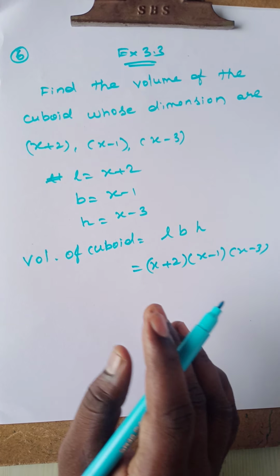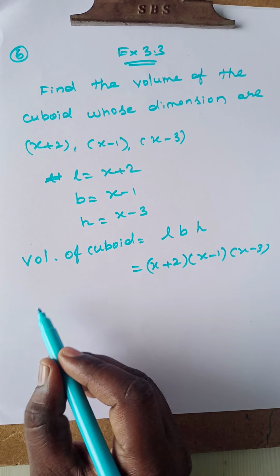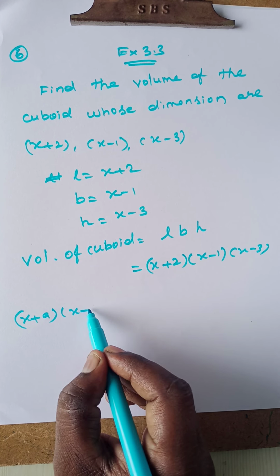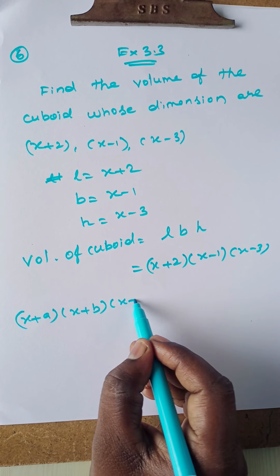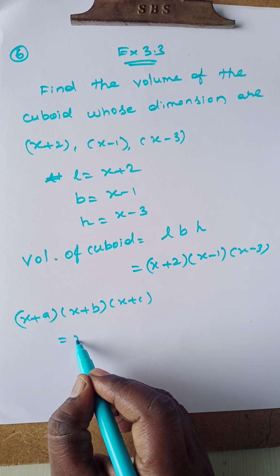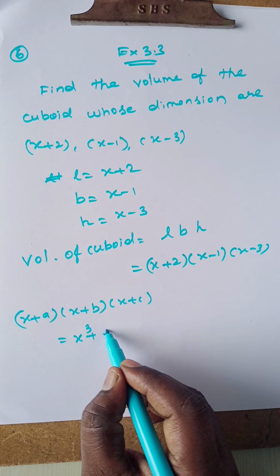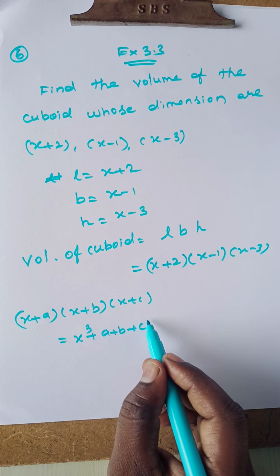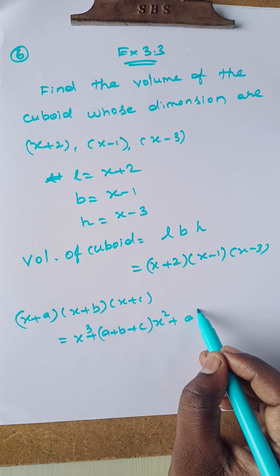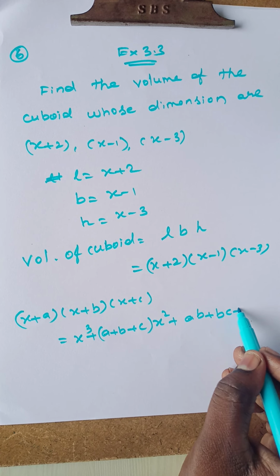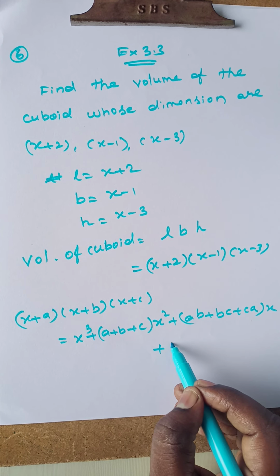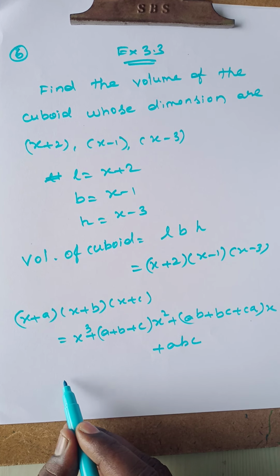Already we know that formula, that is (x plus a)(x plus b)(x plus c), the formula is x cube plus (a plus b plus c) into x square plus (ab plus bc plus ca) into x plus abc.